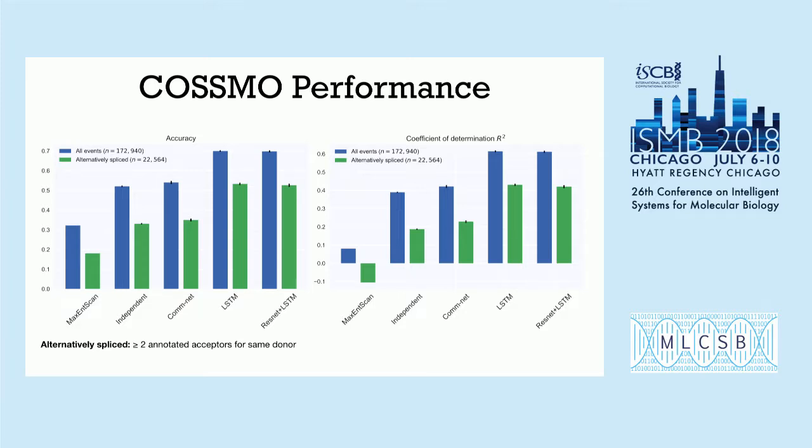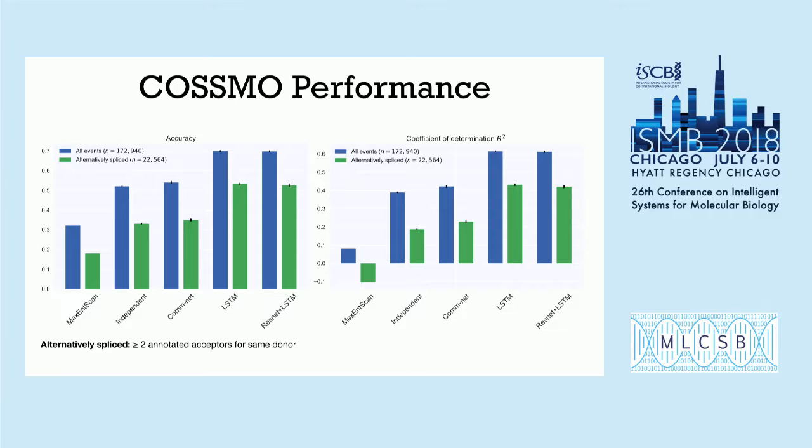And the communication net, that's a simpler communication architecture where each convolutional layer can write into a shared buffer that is then shared with all the other scoring networks. And that gives a small advantage, but not as much as the LSTM. We're also stratifying the data set here. The blue bars are the performance on all the events that we have.